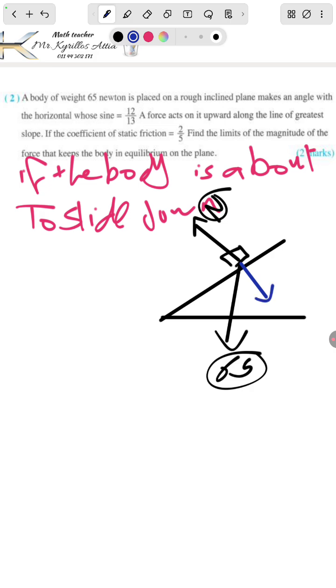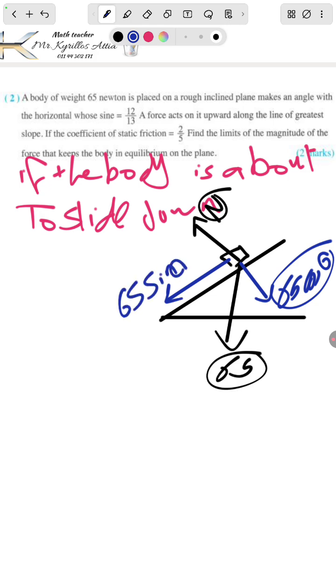Here 65 cosine theta, and here 65 sin theta. Okay, and here theta, and here the force that we need. As the body is about to slide down, so Fs here.